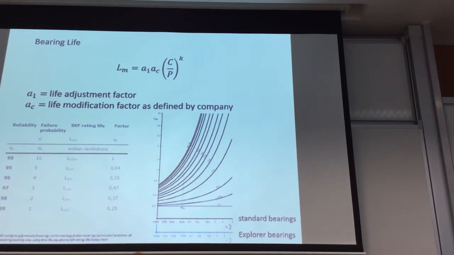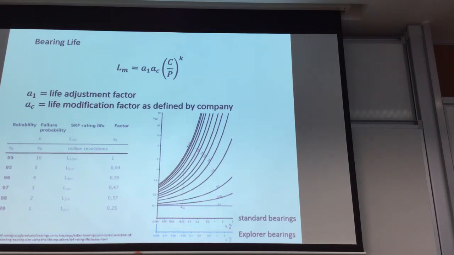So if you talk about 90% reliability, which we are aiming for, then your A1 is 1, so you don't have to worry about A1. But there are some other modifications, because the type of bearing that you choose may be some special type, special lubrication, for example. So they give you another type of factor.